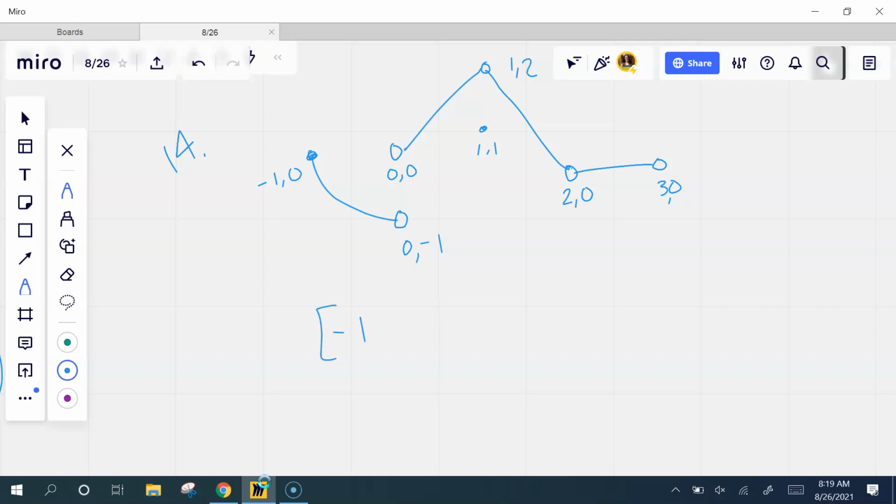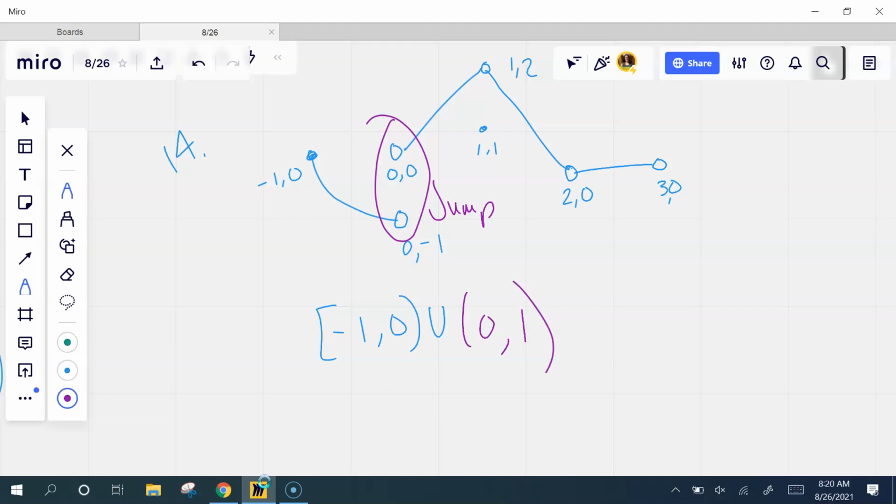I would say from -1 to 0, but it doesn't include 0 because it's not continuous at 0. What kind of discontinuity is this? That's a jump. It picks back up at 0 and it goes to 1, but it doesn't include 1 because this is a what? A hole in the graph.